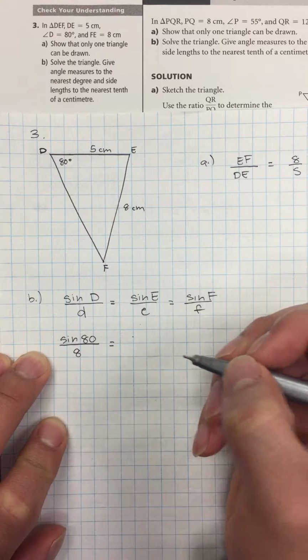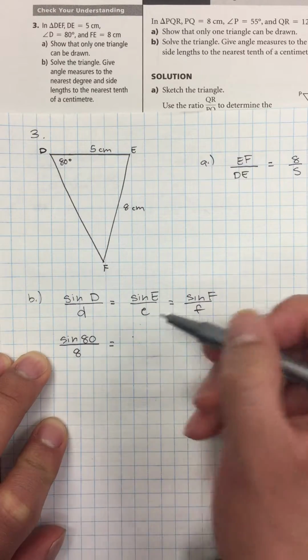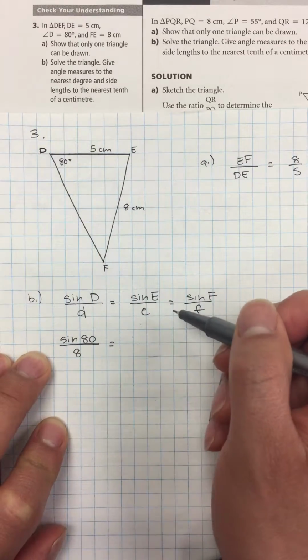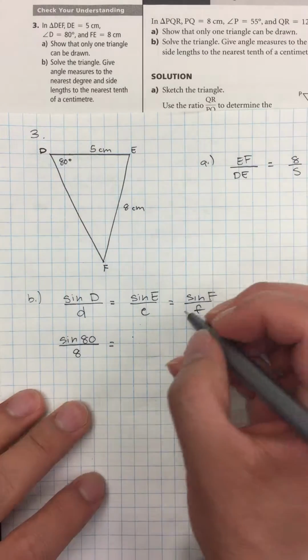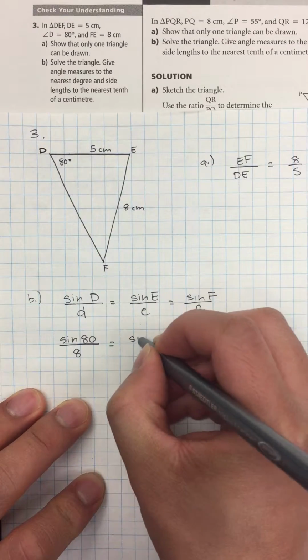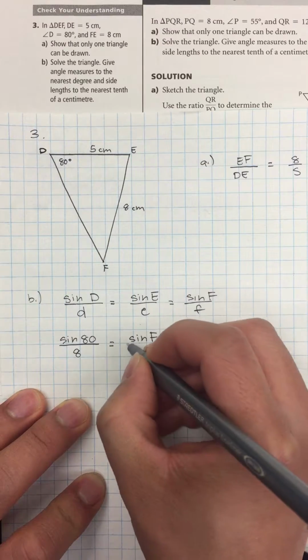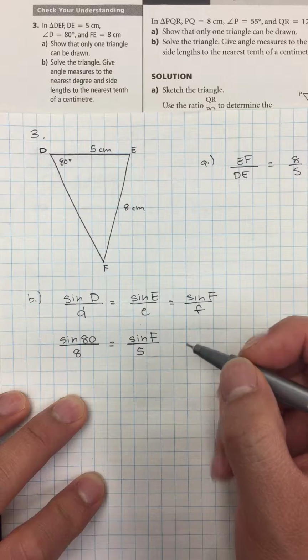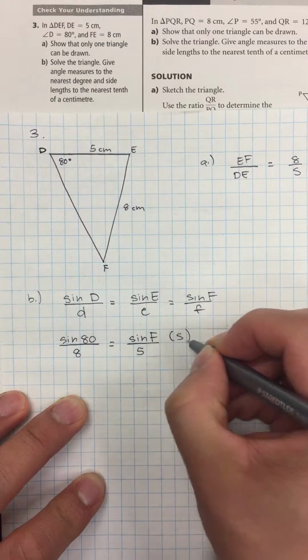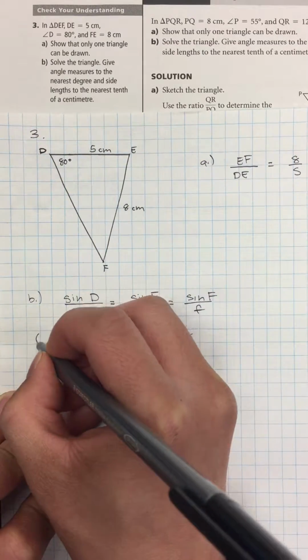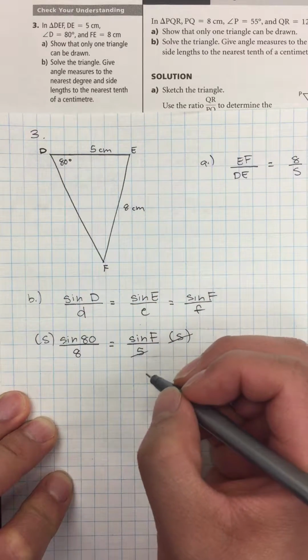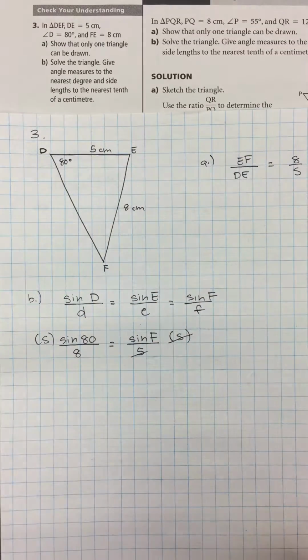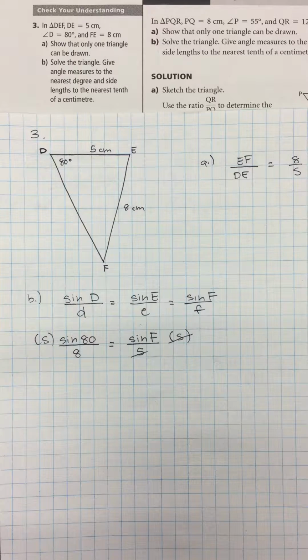We don't know anything for E, so we'll just leave that blank. We don't know the angle, we don't know the side, so we'll just leave that blank. Let's go to F. We don't know angle F, but we know side F is 5. And so now we just multiply both sides by 5, so we can get rid of that. So we have sine of F is equal to 5 times sine of 80 divided by 8.